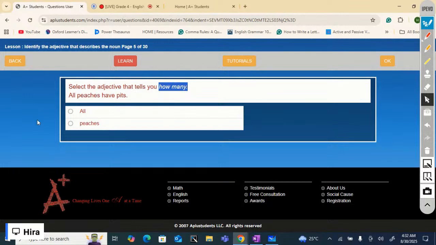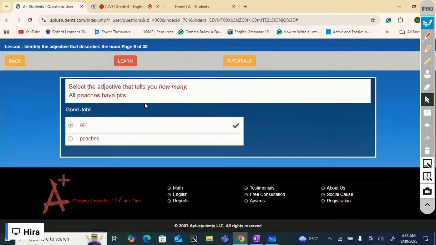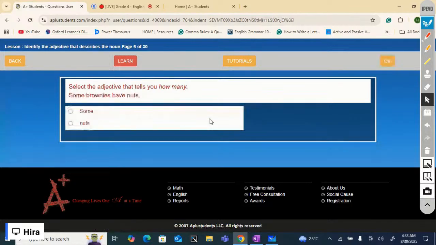Well, is there any word which answers the question how many? Yes, there is. All. How many peaches have pits? All. And all answers the question how many? So all is the adjective. Yes, that's option one.